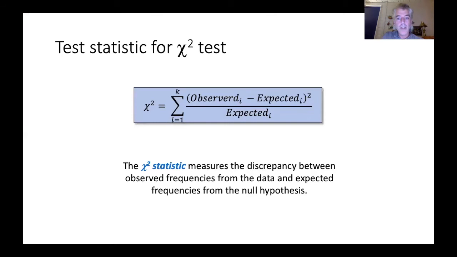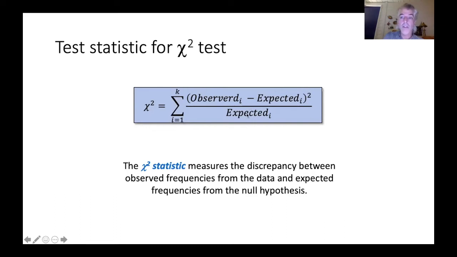And this chi-squared test statistic is calculated by summing up all of the squared differences between the observed value for that month and the expected value for that month, divided by the expected value for that month. So for each of the 12 categories in this example, where K is 12 for 12 categories, we take the observed value, subtract the expected value, square that difference, and divide it by the expected value.